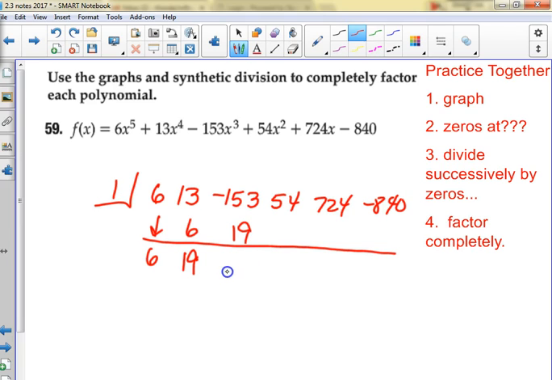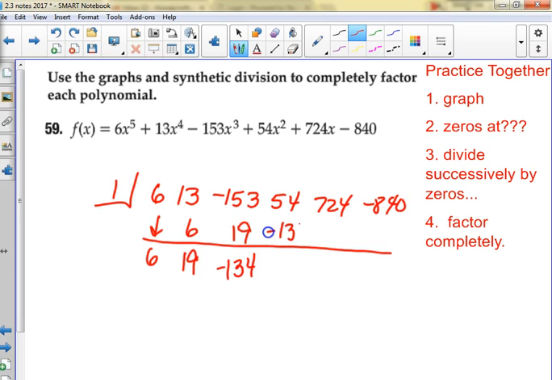Ugh, help! It's not 1? 1 doesn't work? Anybody find one that worked from the graph? 2? Okay, 1 does work. Guys, I need help. What's negative 153 plus 19? 4.